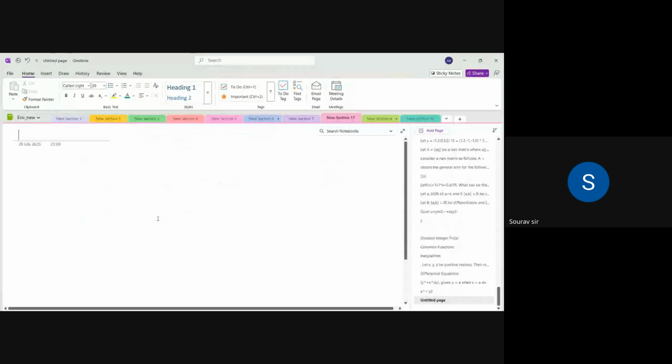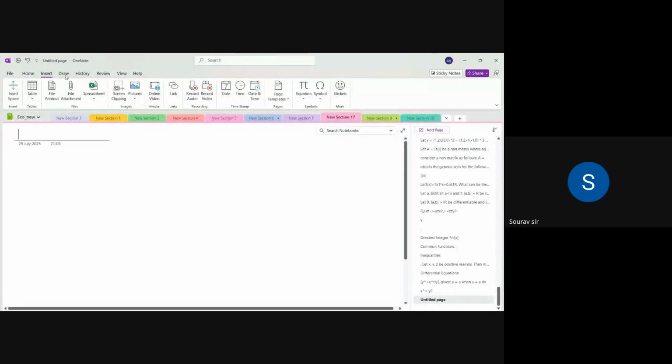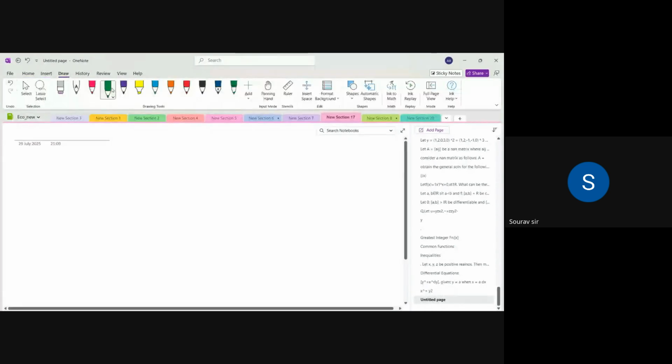So the question goes, solve dy by dx is equal to y minus y square minus 2 by 3 y, right?